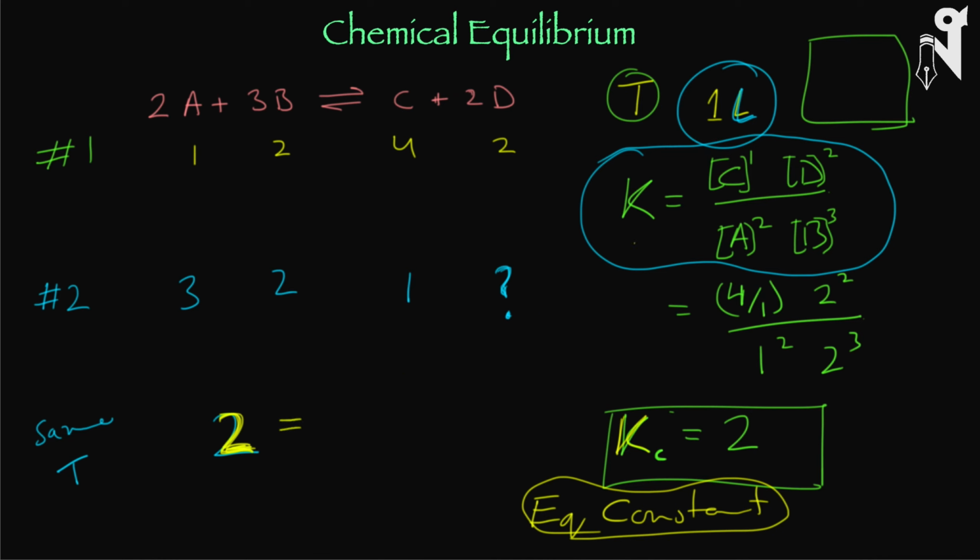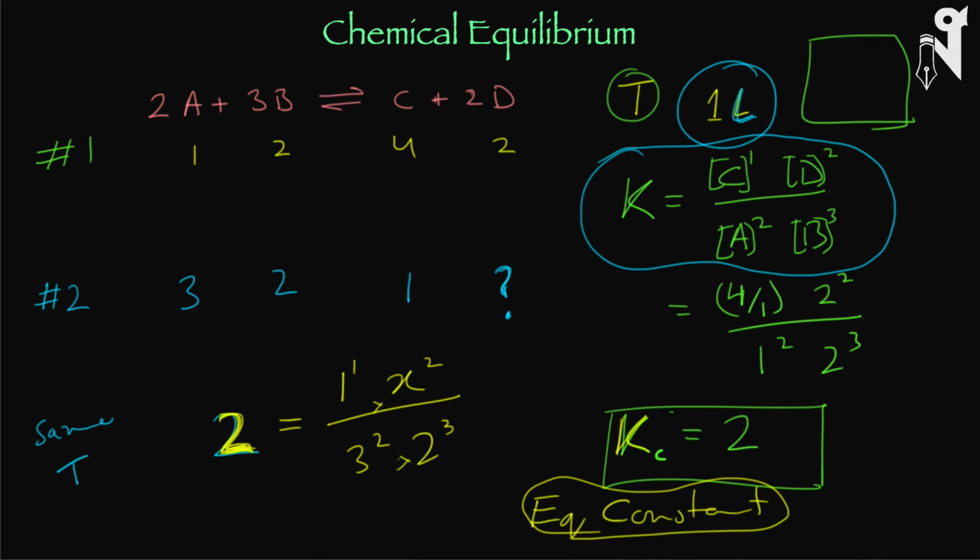So K value is 2 over here. C power 1, D power 2. C is given as 1, 1 power 1. D is to be known. So x square divided by A is 3, 3 cube, and B is 2, so 2 square. So that's the equation.